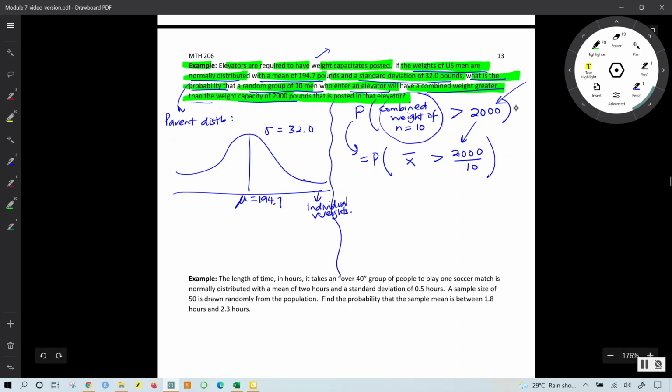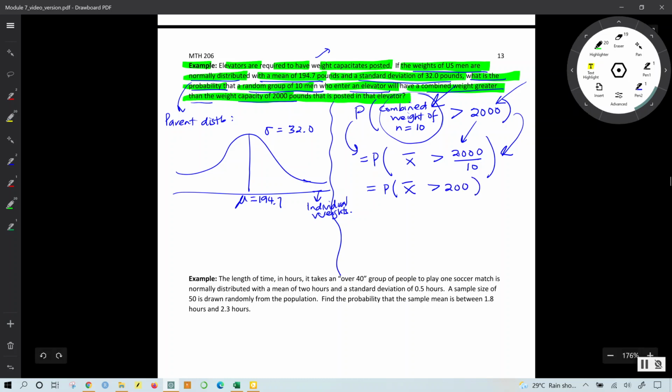So I have converted the question from a combined weight question to an individual average question: the probability that the average weight of each of the 10 men is greater than 200. Just to emphasize, if the combined weight of the 10 men is greater than 2,000, then on average each of them might be greater than 200.